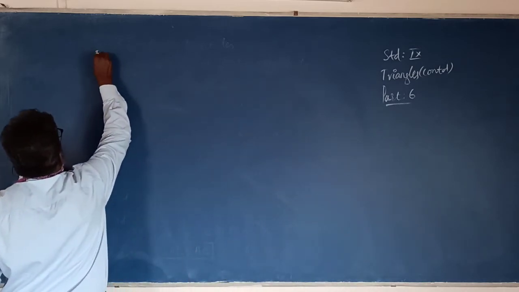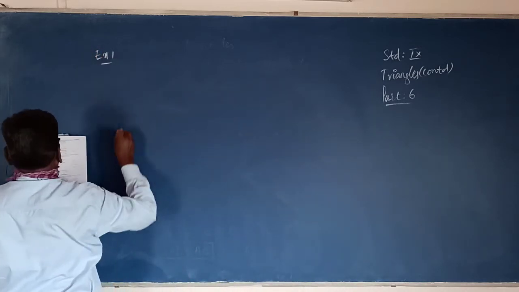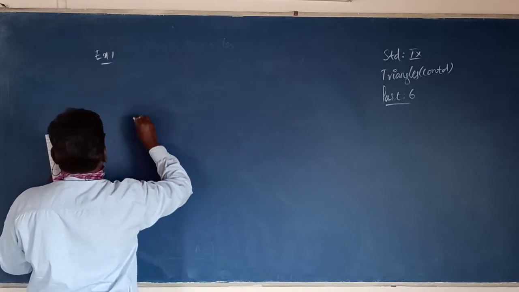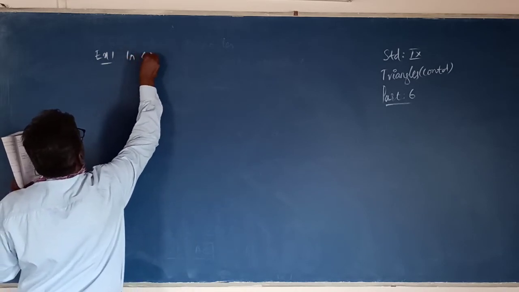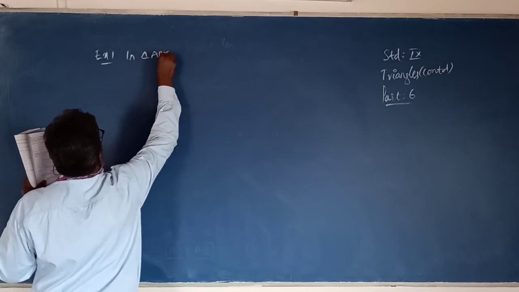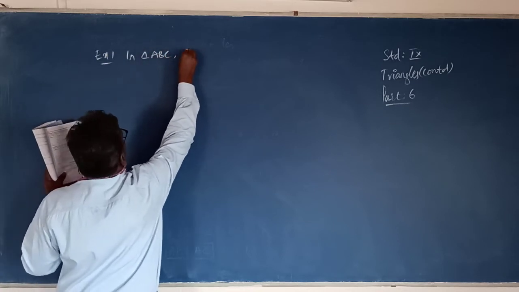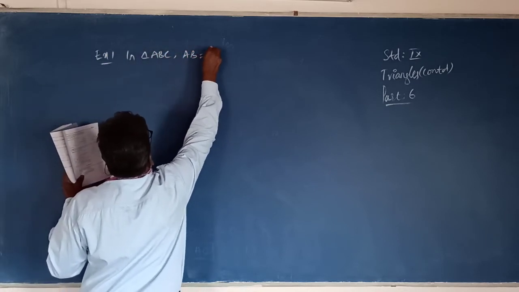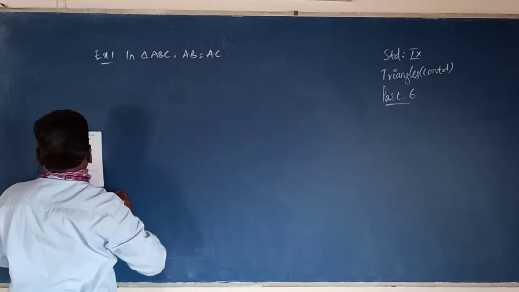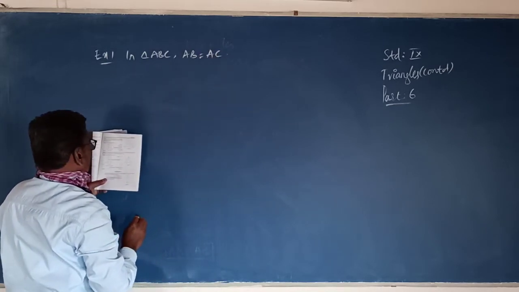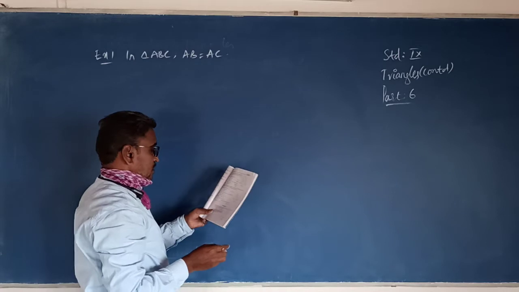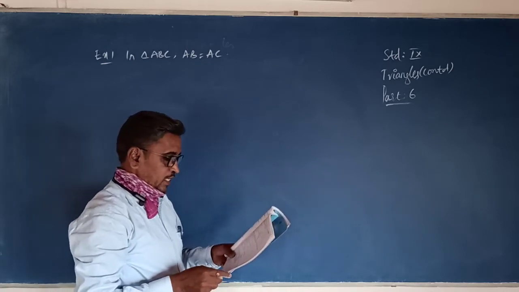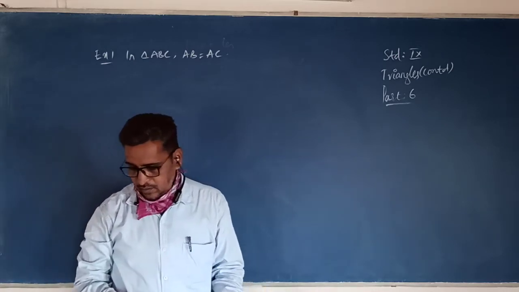Example number 1. In an isosceles triangle ABC, AB equals AC. The bisectors of angles B and C intersect each other at O. Join A to O, then show.